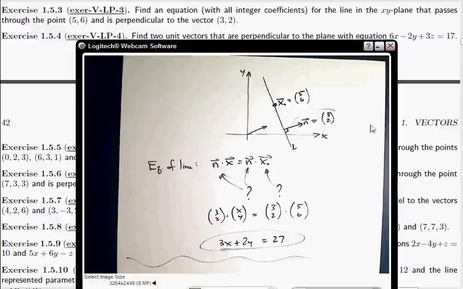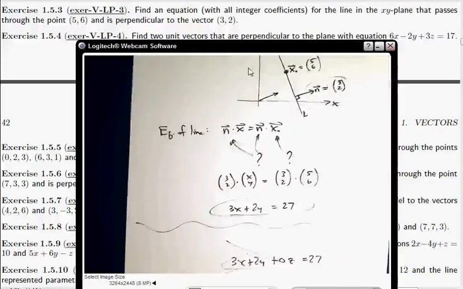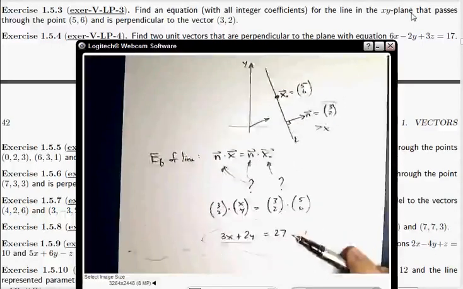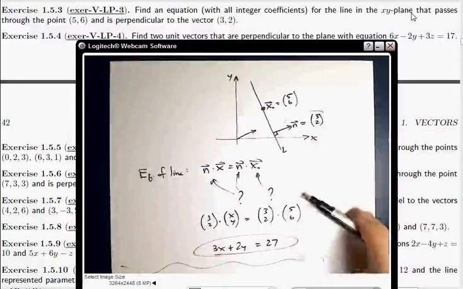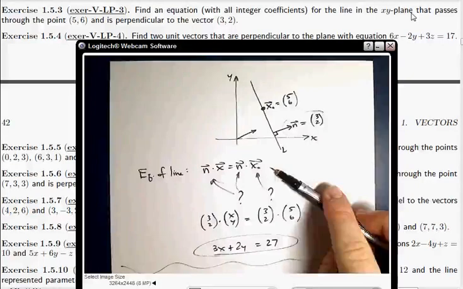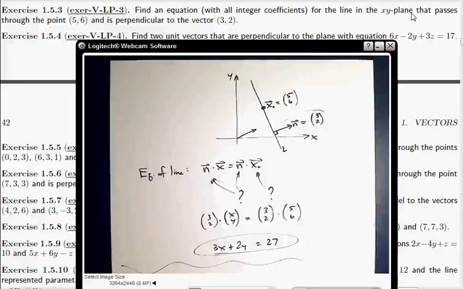The problem here is a line in the xy plane. It says right here, xy plane. So it's intrinsically a 2-dimensional problem, and in the xy plane, this is the equation of a line. Does that make sense?